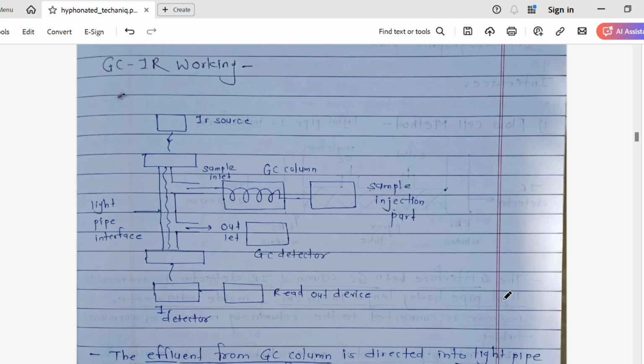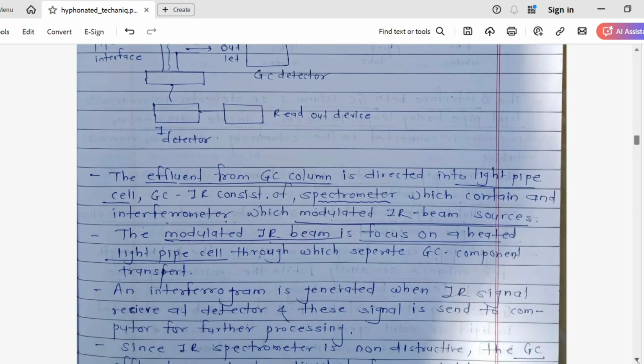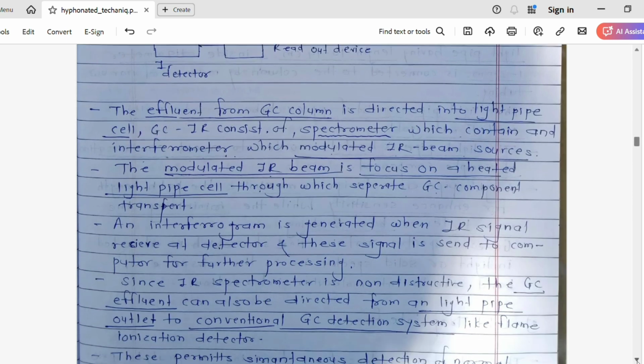After the GC column, the sample goes through the interface to the detector, and the detector detects what kind of functional groups are present.